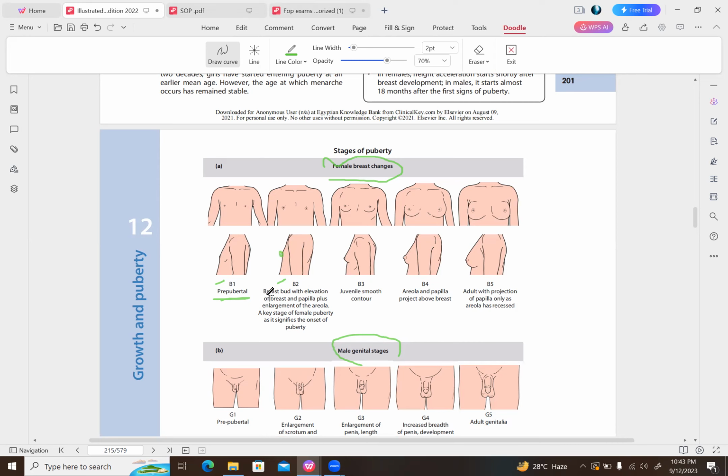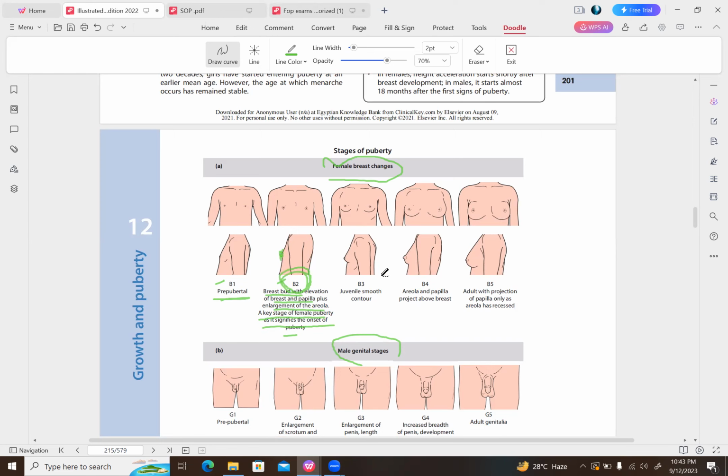This development of breast bud with elevation of the breast and papilla plus enlargement of the areola. A key stage of female puberty as it signifies the onset of puberty. So this B2 is important because it signifies the onset of puberty and it is the development of breast bud.